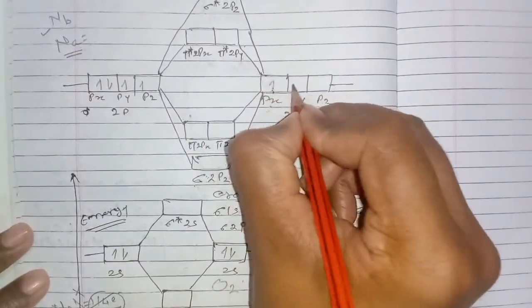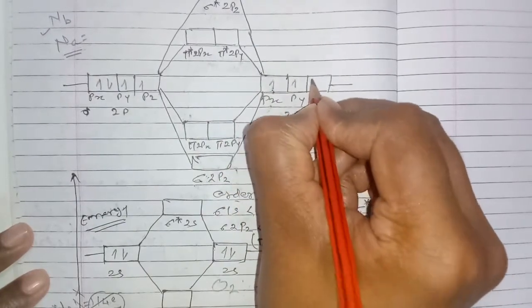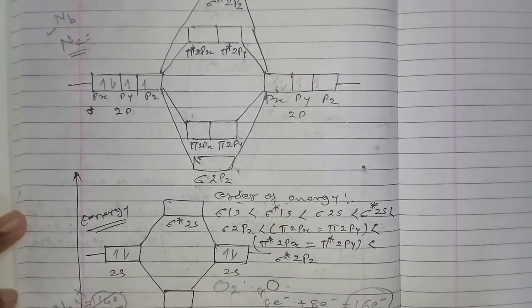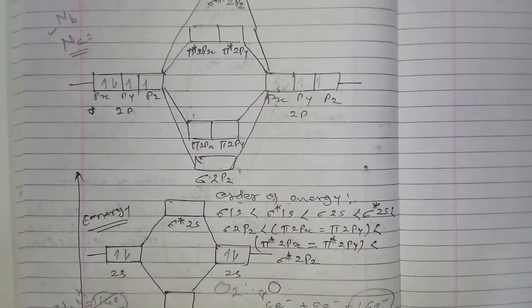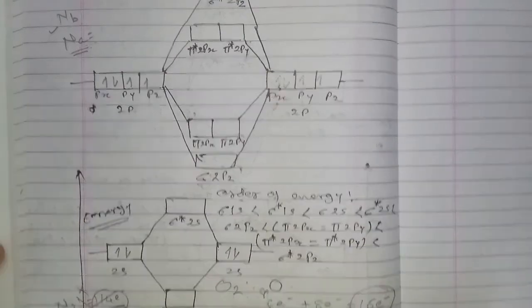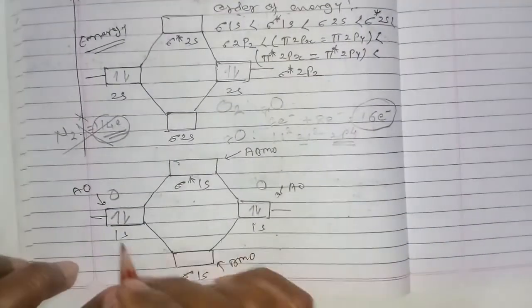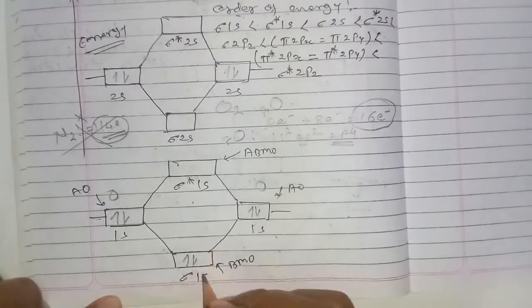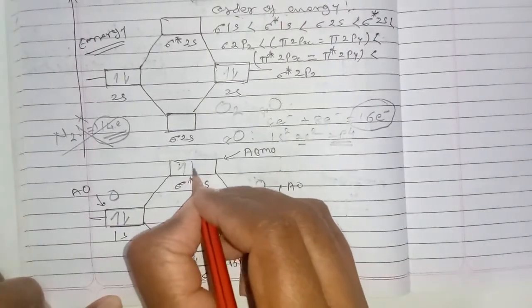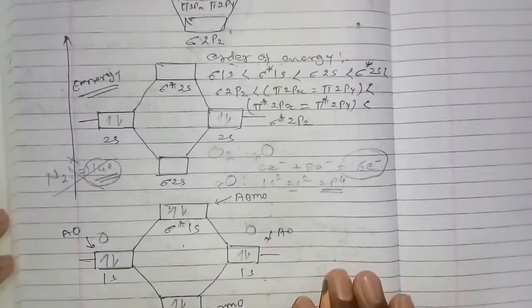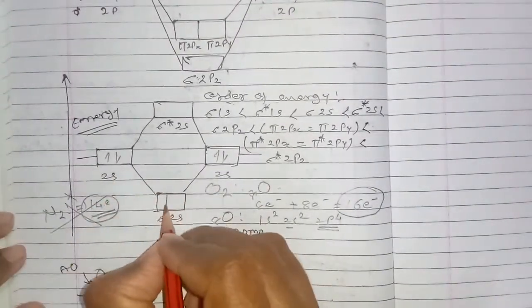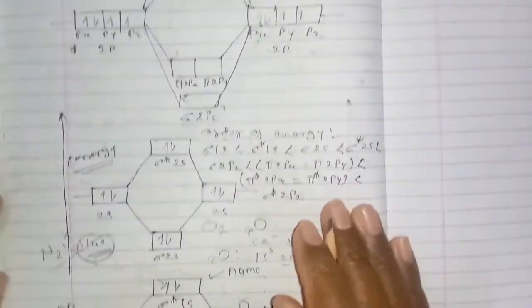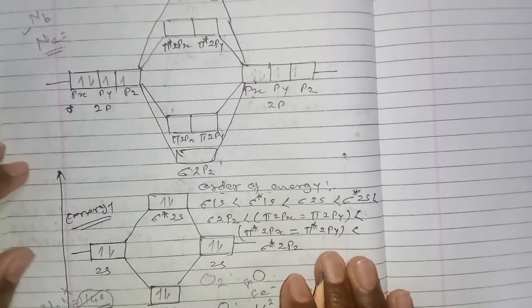The same condition holds for the other atom. Now 2 electrons go in sigma 1s and 2 electrons in antibonding 1s, and the same for 2s.